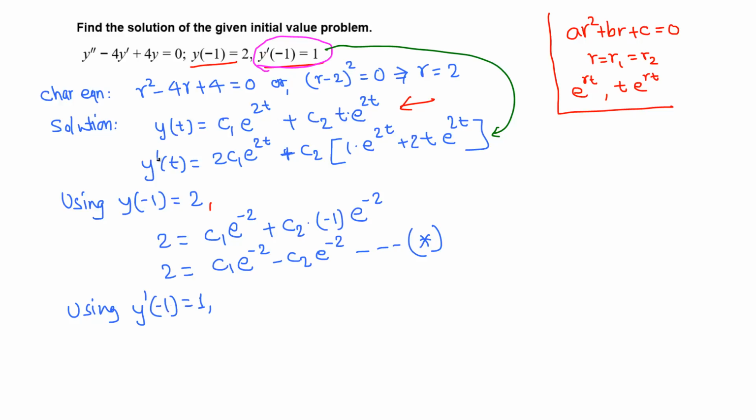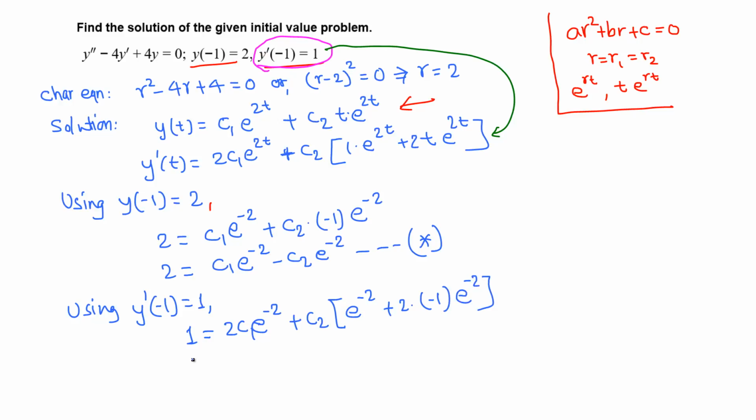So 2c1 e raised to 2 times -1, that is -2, plus c2 times 1 times e raised to -2 plus 2 times t, which is -1, e raised to -2.